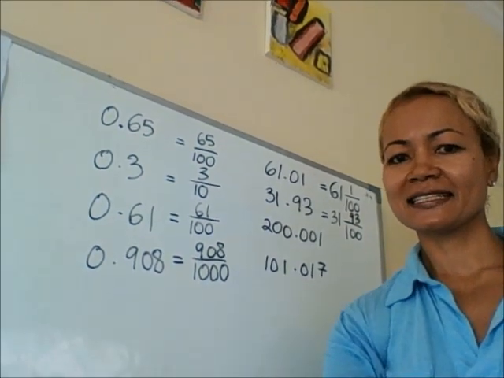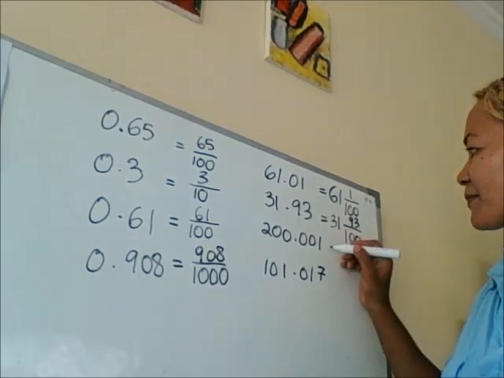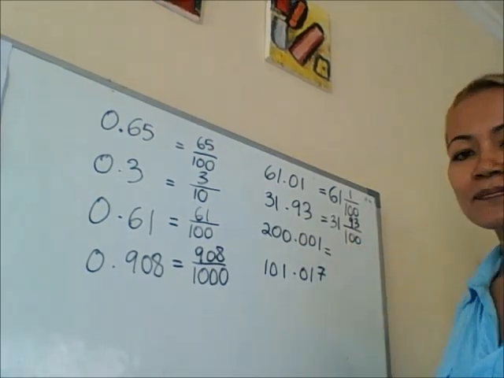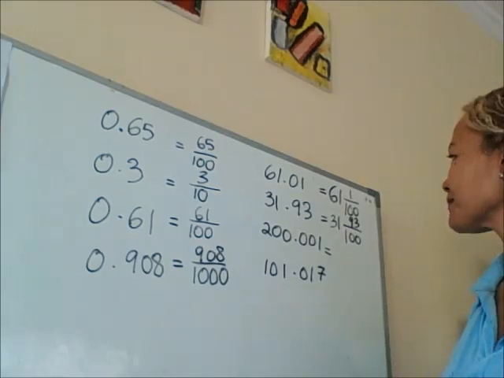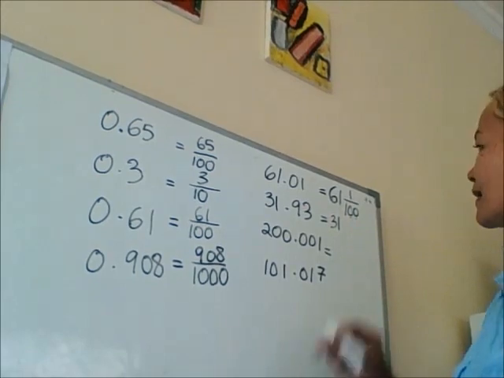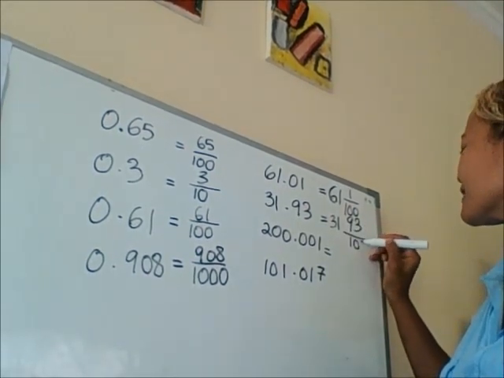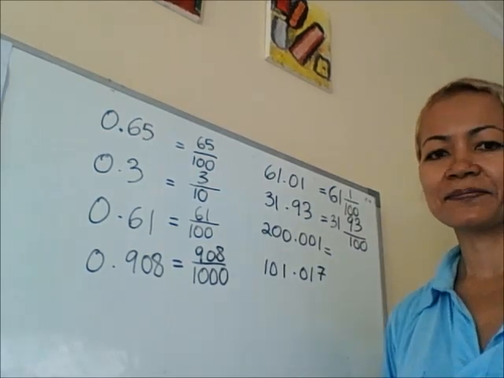Don't know if you can clearly see that, but yes, 93. The third problem. Let me just write that a bit clearer. 93 over 100.